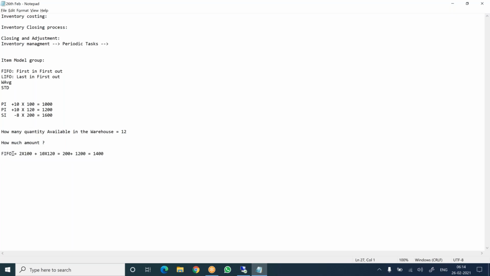If you look at this FIFO naming convention, clients will misunderstand it. FIFO means first in first out, so I have purchased 20 quantity. Is the delivery boy picking from here or here, I don't know. Physical movement we cannot assume or predict, because the delivery boy may pick 3 quantity from here, 5 quantity from here, or 2 quantity from here and 6 quantity from here.